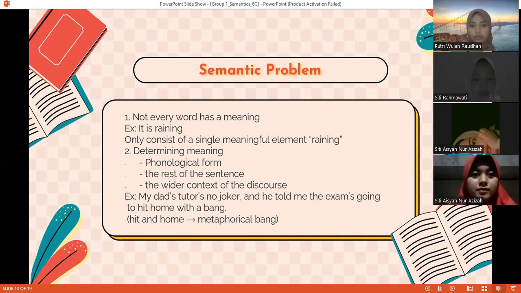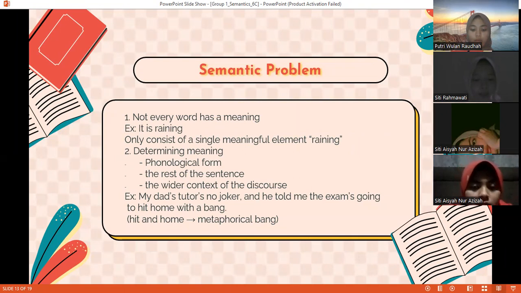It certainly does not refer to anything, that is, it has no meaning. Indeed, the verb to be in general is completely devoid of intrinsic meaning, so there are three words in this sentence which really consist of a single meaningful element, that is raining. The two determining meaning.